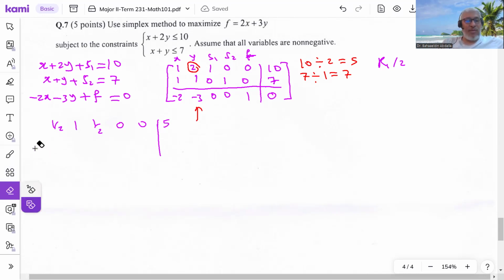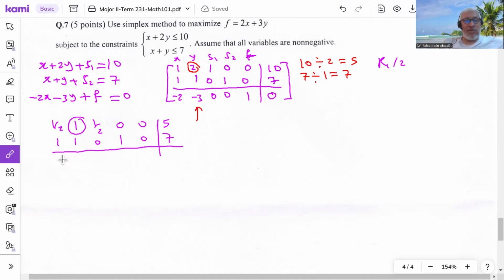I'm not going to write a matrix here because this is not considered a matrix, because the step is not finished yet. The step will finish when I change the other numbers. So this is my pivot entry. No, it is not this one. This is the pivot entry. I have to change all the other numbers in the column to zeros.